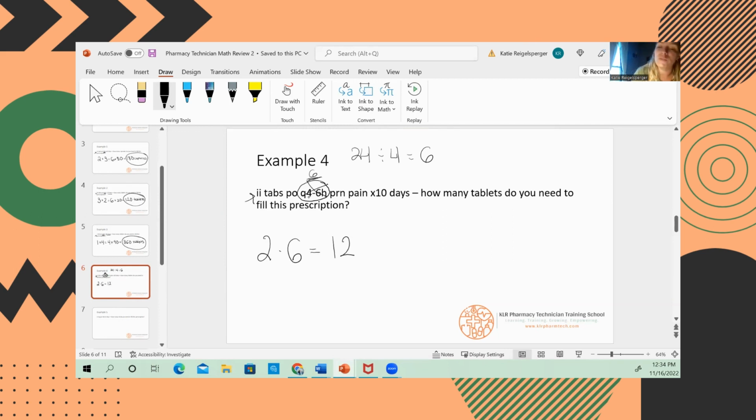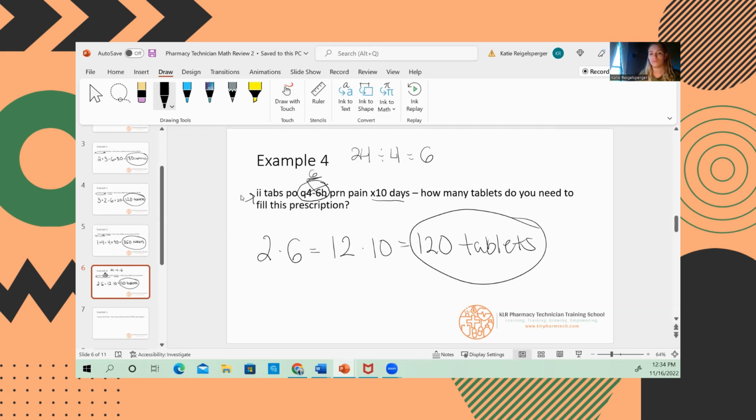How many days do we take 12 tablets a day for? 12 times 10. And again, even if you feel like you know it in your head, I would encourage you to use your calculator. 12 times 10 equals 120 tablets. You need 120 tablets to fill this prescription.